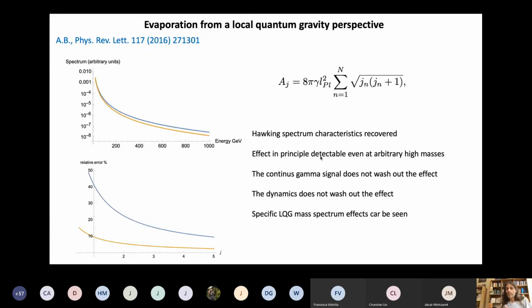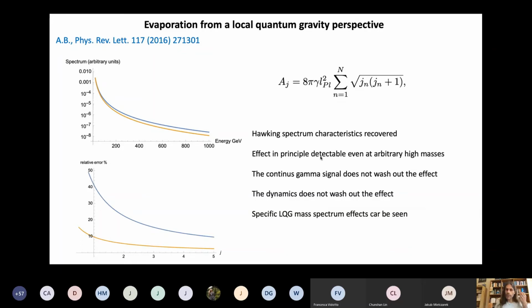And it might be wrong, because instead of considering the full spin network associated with a black hole, it might make sense to consider the Hawking evaporation just from the change of state of a single quantum and not from a reorganization of the full spin network.